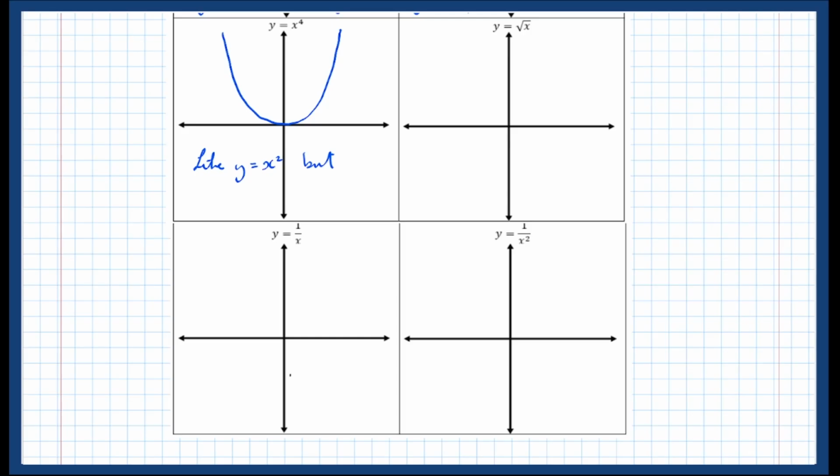So now moving on to y equals root x. So y equals root x starts off vertical at the origin for that point and just continues like that.